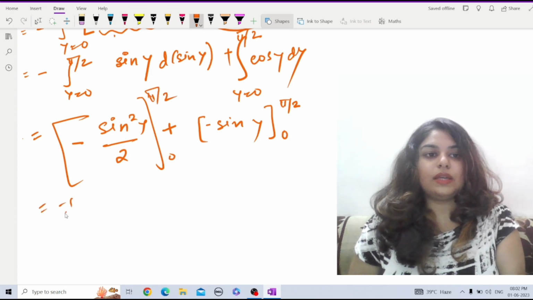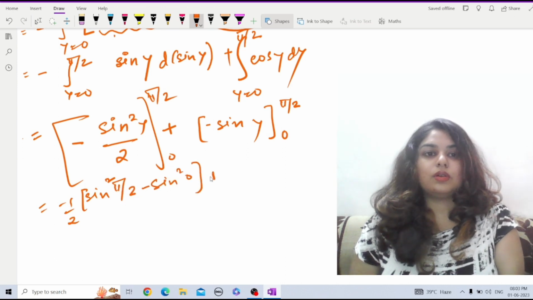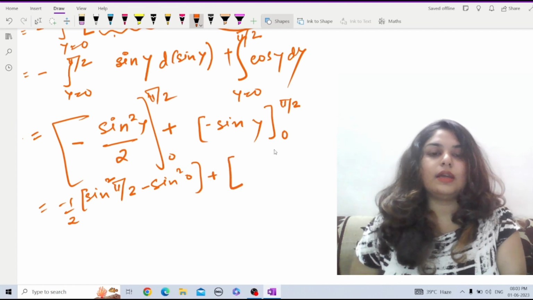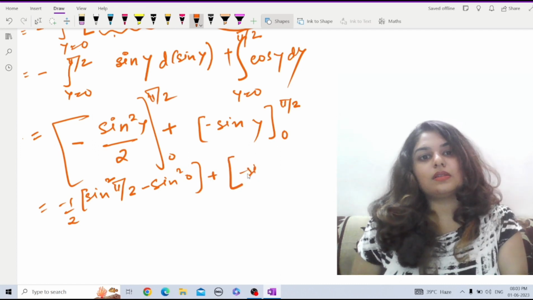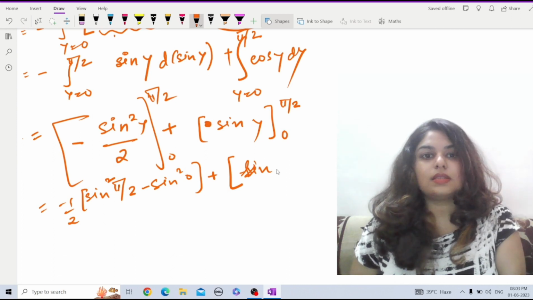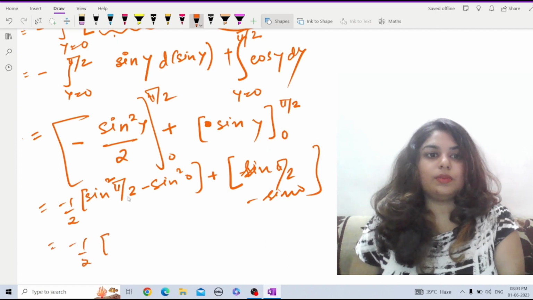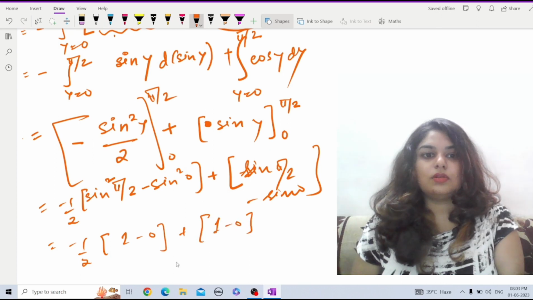So here we have minus half of sin square pi/2 minus sin square 0, plus, this is sin pi/2 minus sin 0. So this is minus half of, if you put the limits here, 1 minus 0, plus 1 minus 0, so that is 1 by 2 is the correct answer.